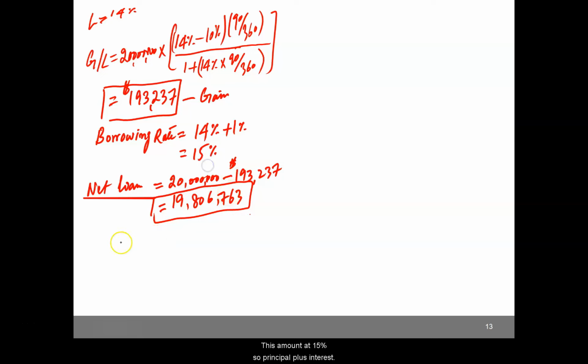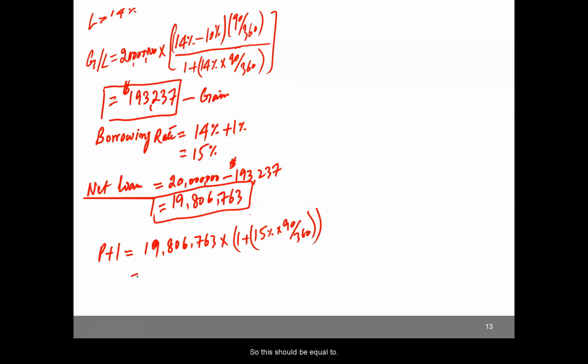amount at 15%. So principal plus interest on the borrowed amount of 19.806763 million multiplied into 1 plus 15% into 90 divided by 360, which is the loan period.